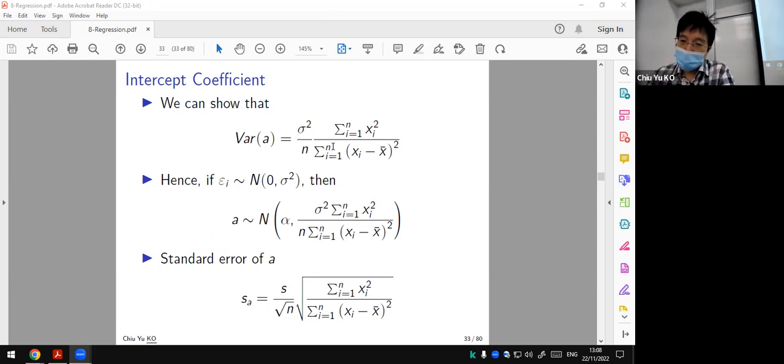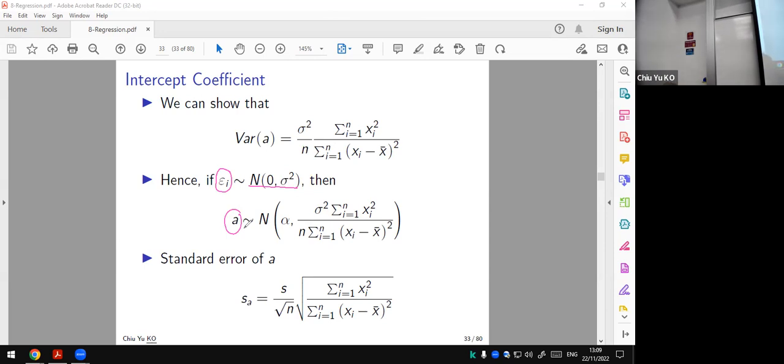And what we do extra is, if the random terms follow the bell curve, A is also a bell, which is probably not surprising. The key here is that X are non-random.